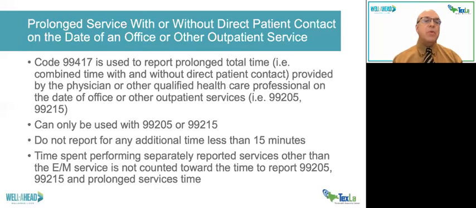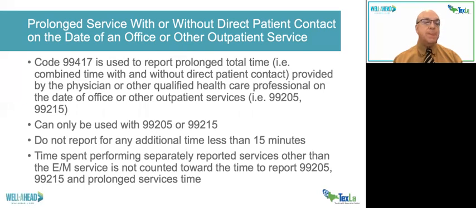Now, if you have prolonged services with or without direct patient contact on the date of an office or other outpatient service, there are codes for that. So code 99417 is used when you are reporting a prolonged time. So if you combine the time with and without direct patient contact, then you can use that particular code to be able to bill for your additional services.